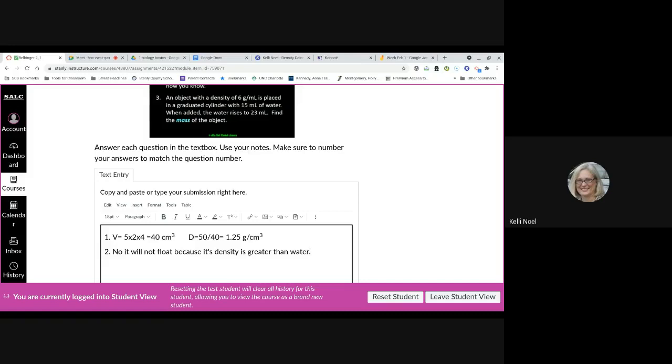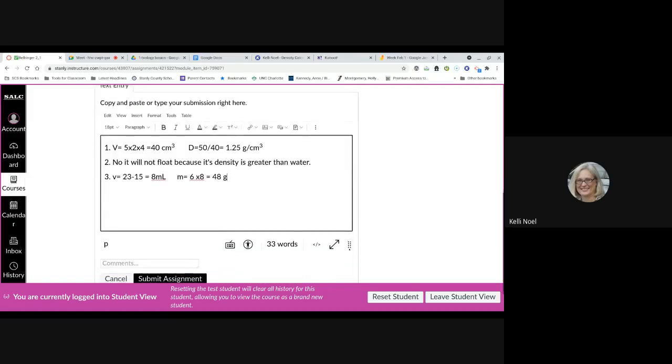For number 3, you're going to put volume equals 23 minus 15 equals 8 milliliters. Then mass equals 6 times 8 equals 48, and mass is always in grams. And then you will submit it.